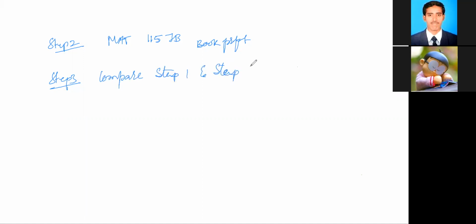Step 1 ಮತ್ತು step 2 ಎರಡನ್ನೂ ಕಂಪೇರ್ ಮಾಡಬೇಕು. ಕಂಪೇರ್ ಮಾಡಿ we need to consider whichever is higher, whichever is higher it will be called as the tax liability.